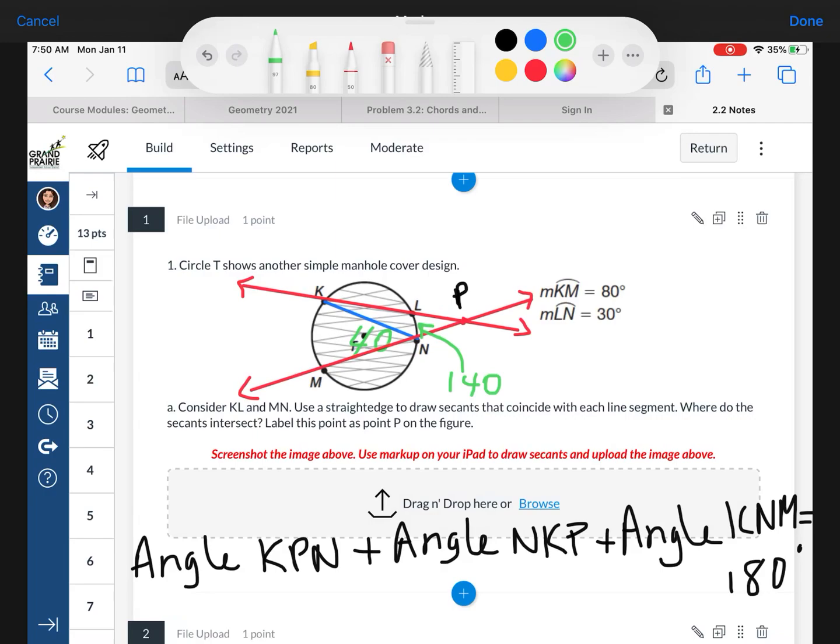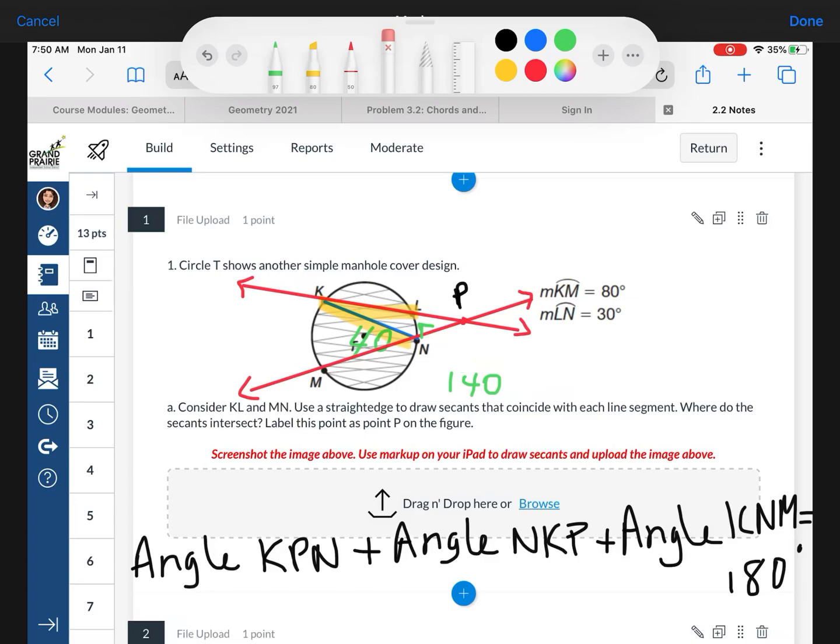And let's see here. Okay, now remember we didn't talk about this angle right here, LKN, but we can find the measure of that angle, right?